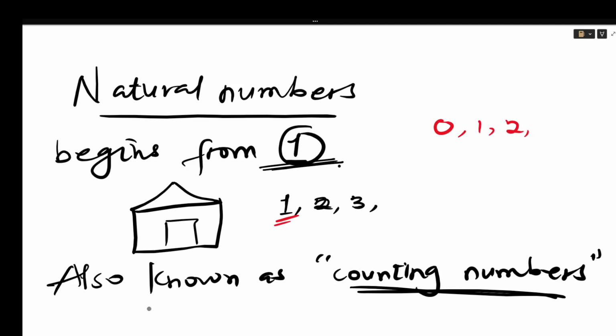And in the set system, they are denoted by N, N being the set of natural numbers. So you can have N equal to the set of natural numbers starting from 1, 2, 3, 4, 5, and so on and so forth.